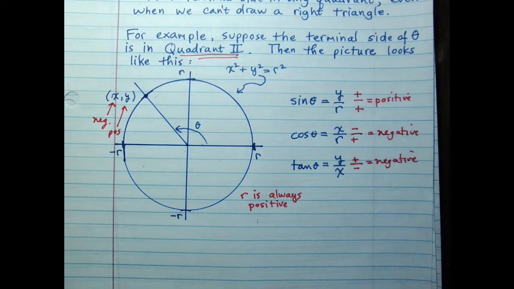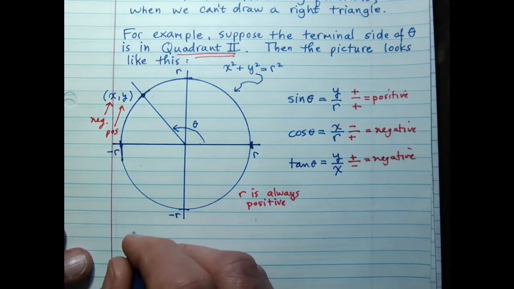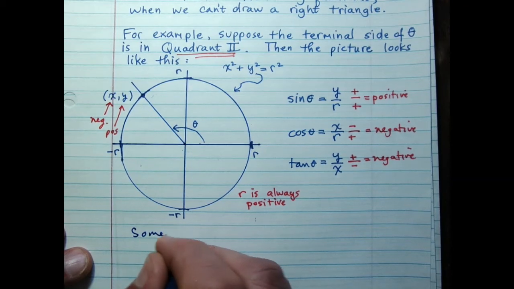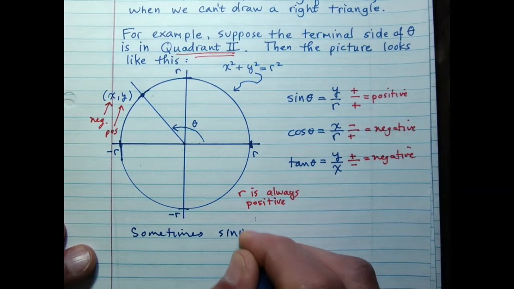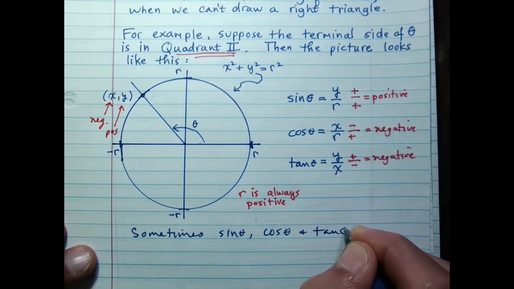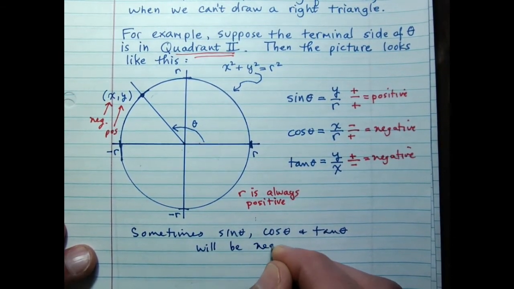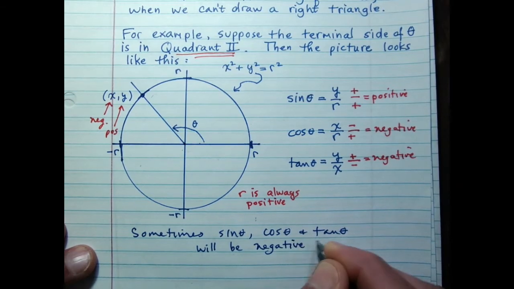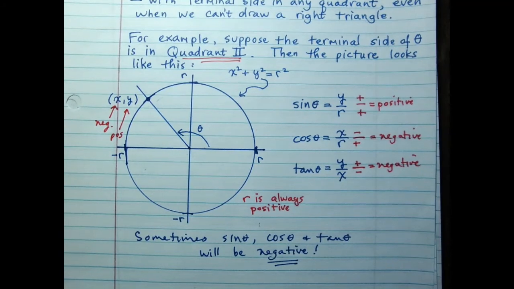So basically the story now is that sometimes sine theta, cosine theta, and tan theta will be negative. And maybe I shouldn't say sometimes, it can be quite often.